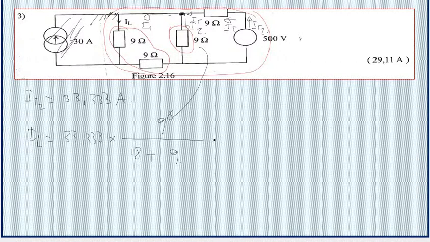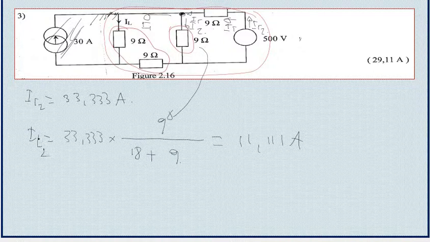If we use the calculator, we're going to get 11.111 amp. So that is IL2. Why IL2? Because we are in step 2. We're still in step 2.